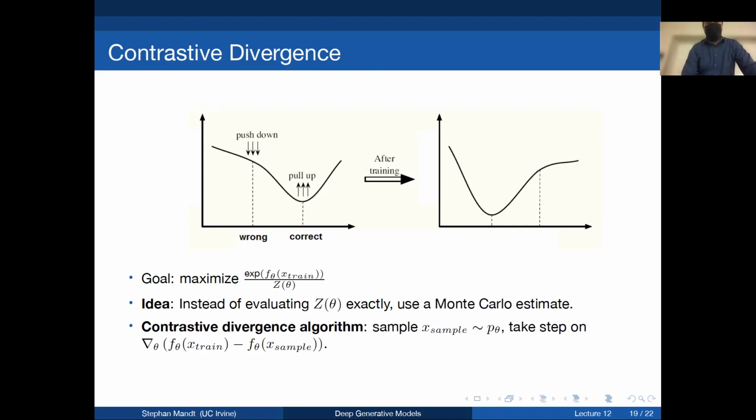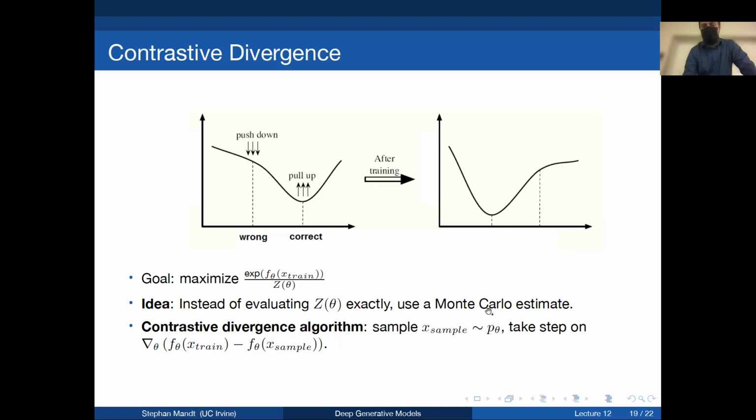Based on this intuition that you want to pull up the correct data instances, you kind of want to increase f around these vicinities, and correspondingly you want to decrease the energy at the other locations. Here's actually what we'll do, and I'll motivate why we do that in a bit. What we do in the end is we create a sample from our model, p theta, assuming our model is already in an almost trained state, or some initialized state.